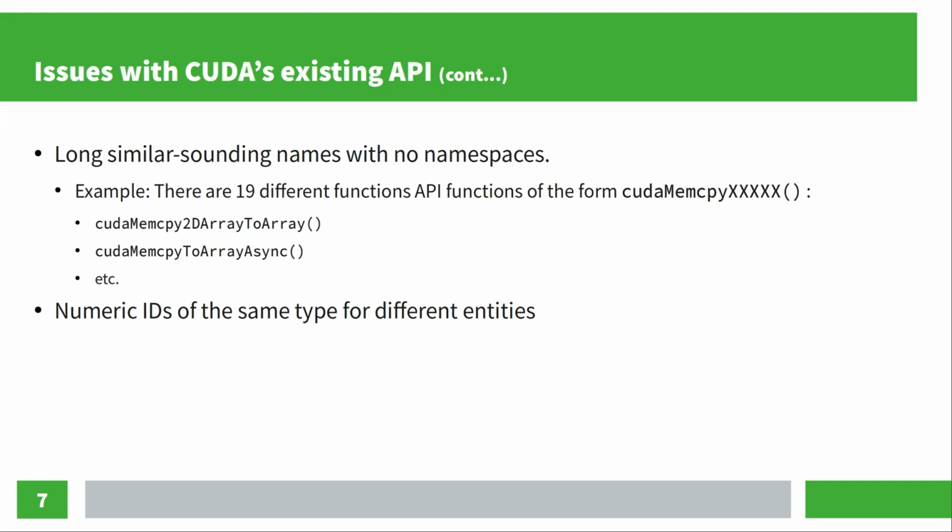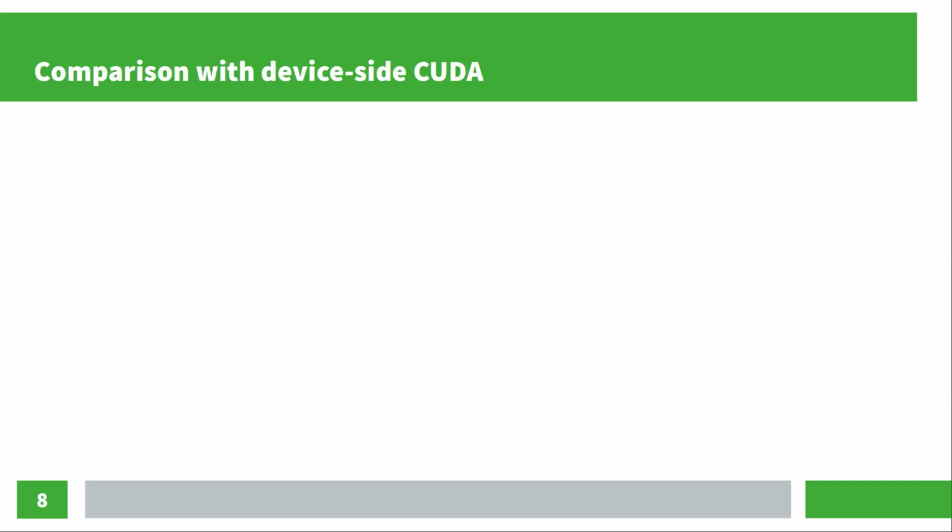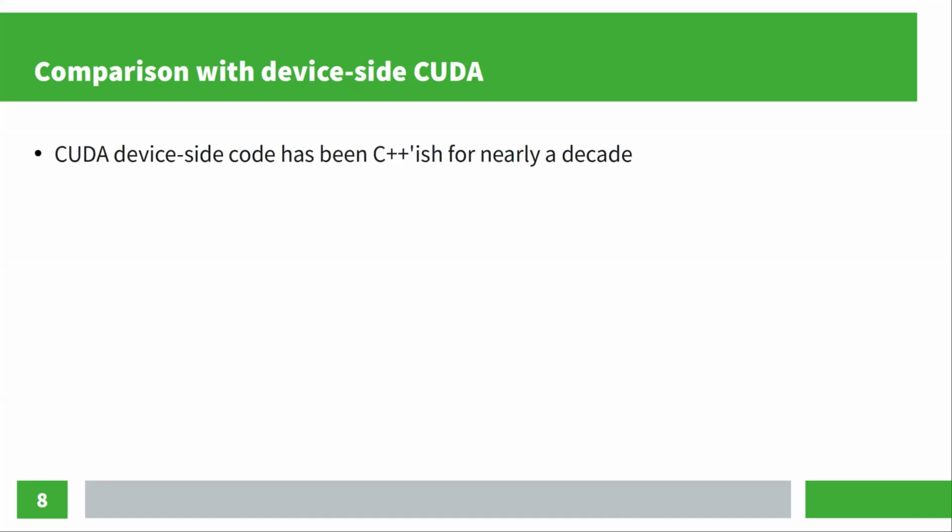But if it's just a number, there are a lot of just ints floating around in your CUDA code typically. So good luck not mixing these up. And there are lots of APIs in the world. Sometimes they're rudimentary or low level, and I might not have been driven to do something about this, except for what we know about the device side.